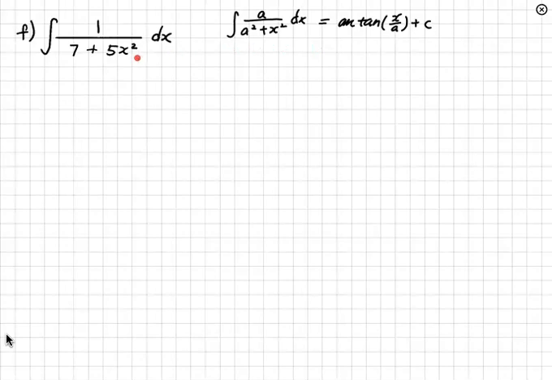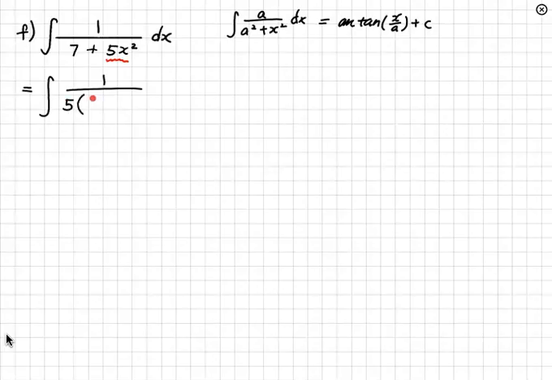Now you need to have a on the top and you need to have a squared plus x squared for a denominator. However, here we don't have x squared, we have 5x squared. So we are going to factorize the 5 out first. So we have integration of 1 over 5.